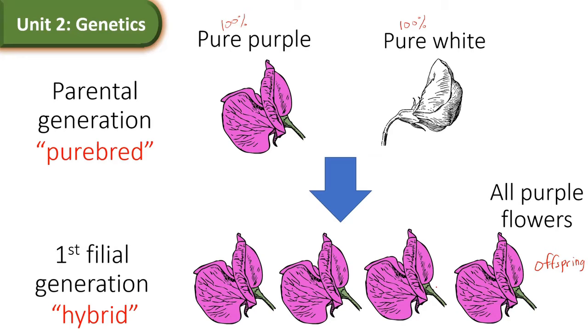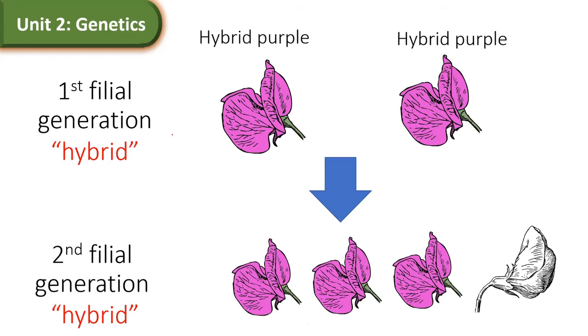But actually, when Mendel tried to experiment with this first filial generation, he observed that on the second filial generation, or the second offspring, there is already a white flower among the purple flowers.